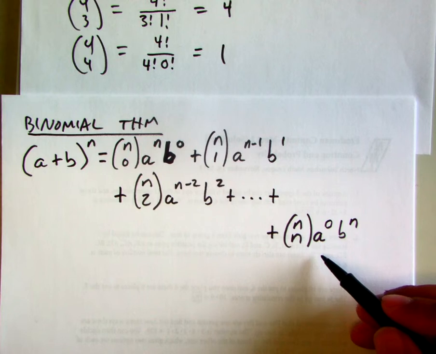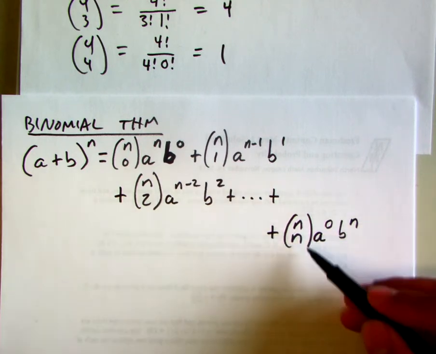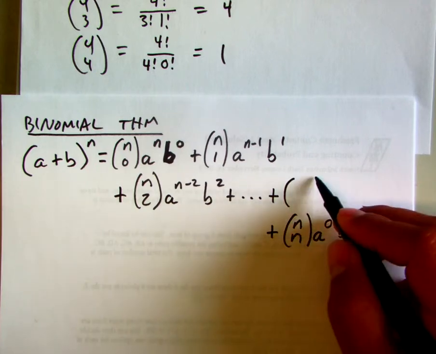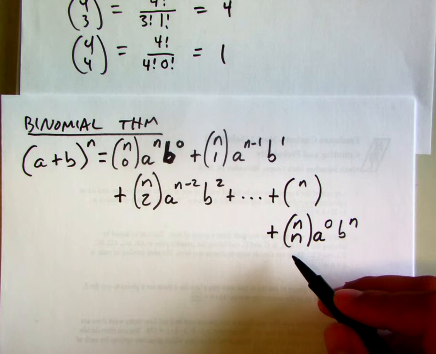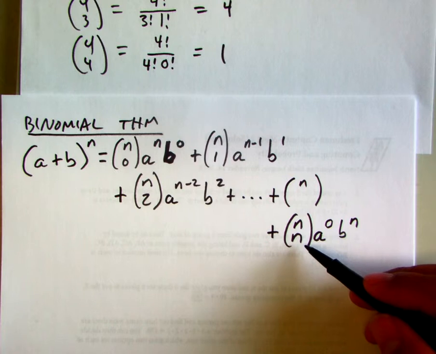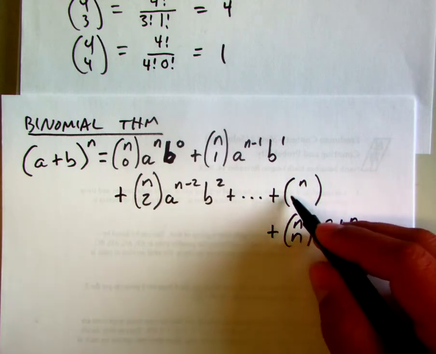Okay. Let's backtrack, guys. The term before this would be n choose what? N choose n minus 1. Very good.